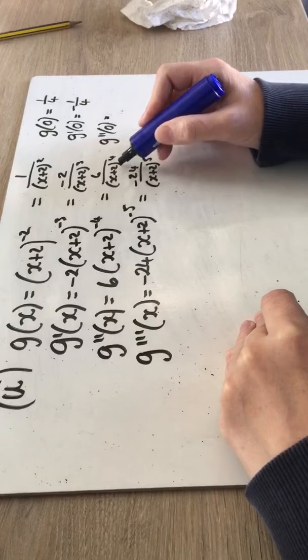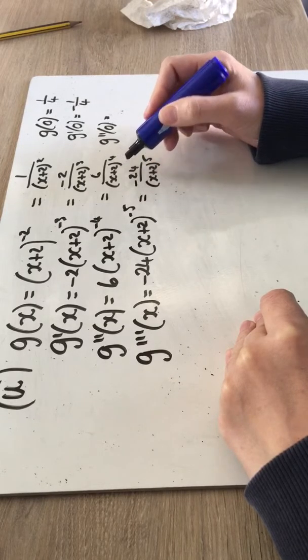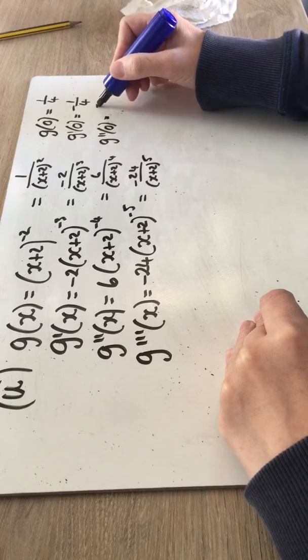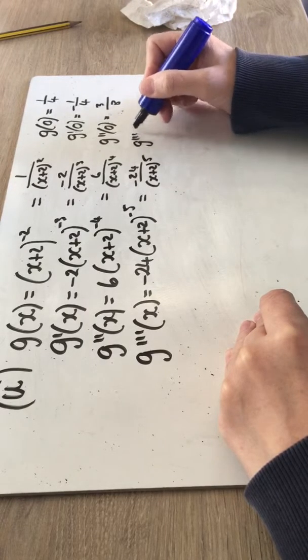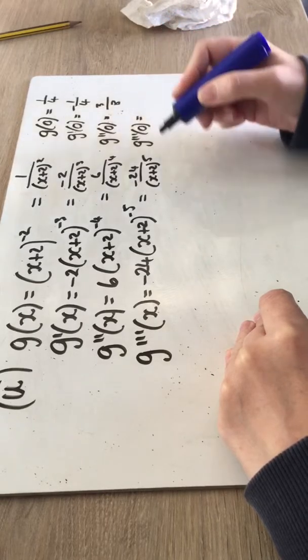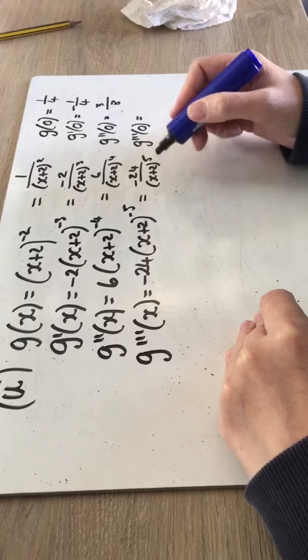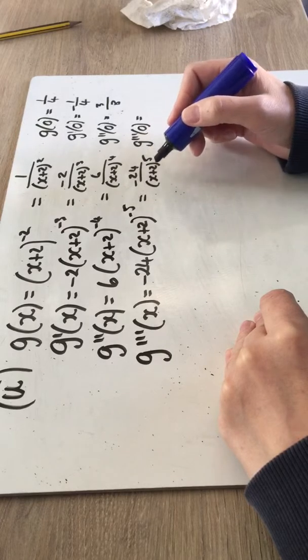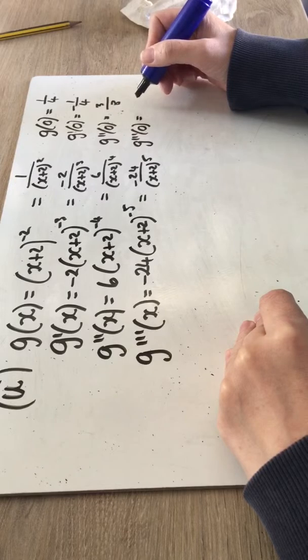Bottom line, 0 plus 2 to the power of 4 is 16, so 6 over 16, simplifying to 3/8. And the third derivative, 0 plus 2 to the power of 5 is 32, so minus 24 over 32, which simplifies to minus 3/4.